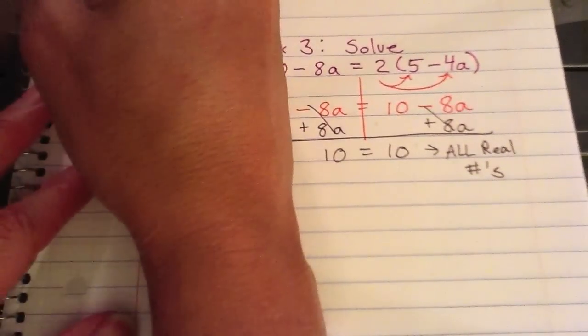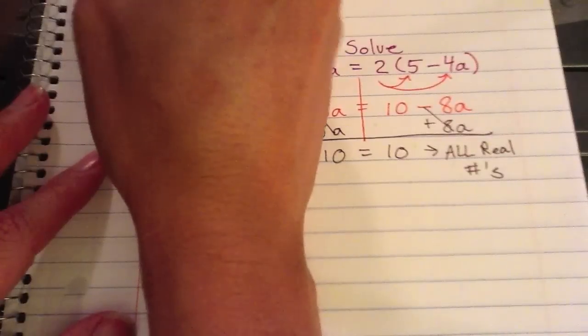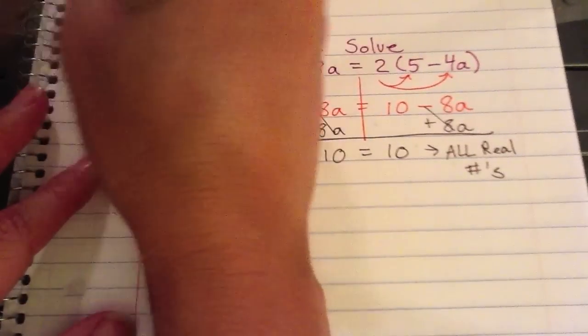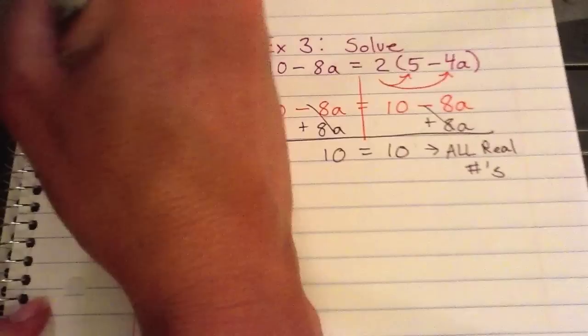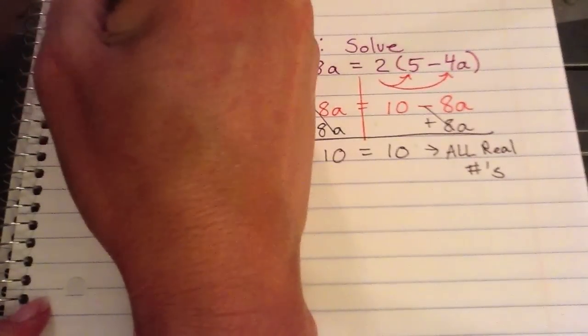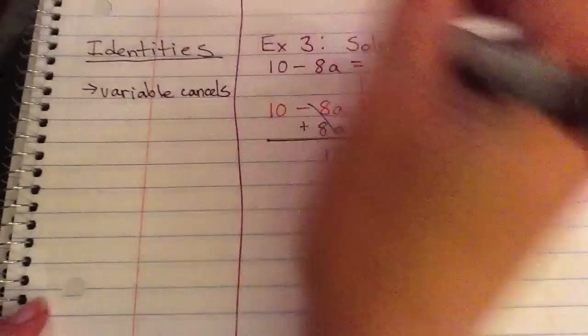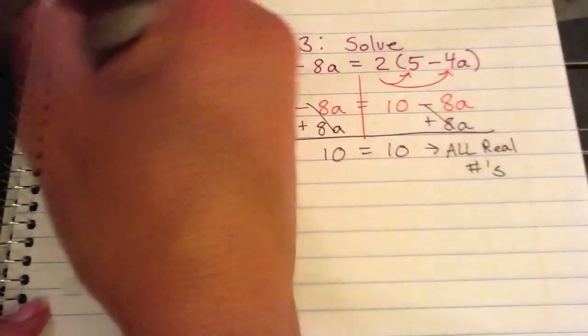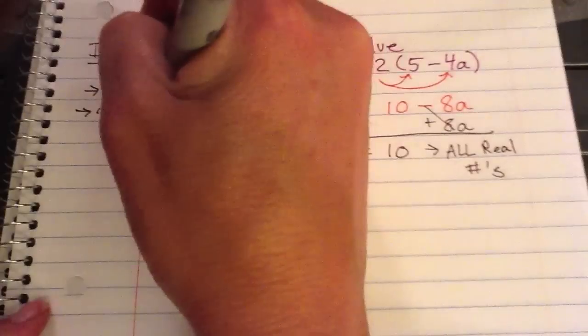So this is called an identity. They have the same identity. So the variable cancels. And if you have trouble with this, we can work on it tomorrow. But you also have an equal answer.